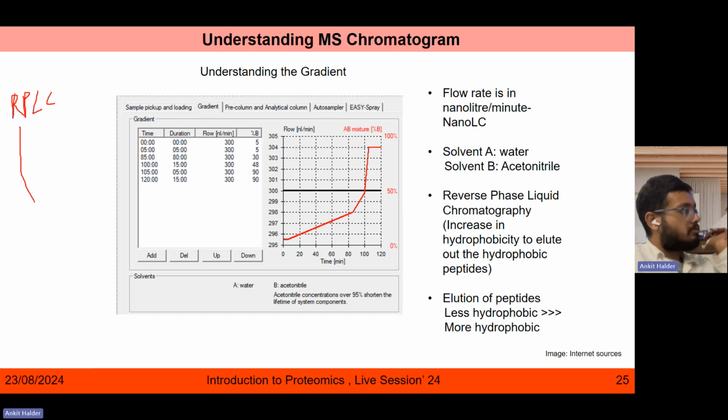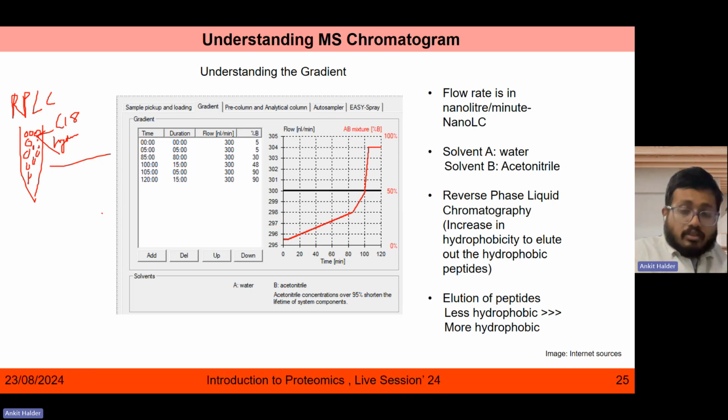You have a chromatographic column, and this column is bound with a hydrophobic material. For example, C18 is one hydrophobic material, that is carbon with 18 carbons. Just listen carefully.